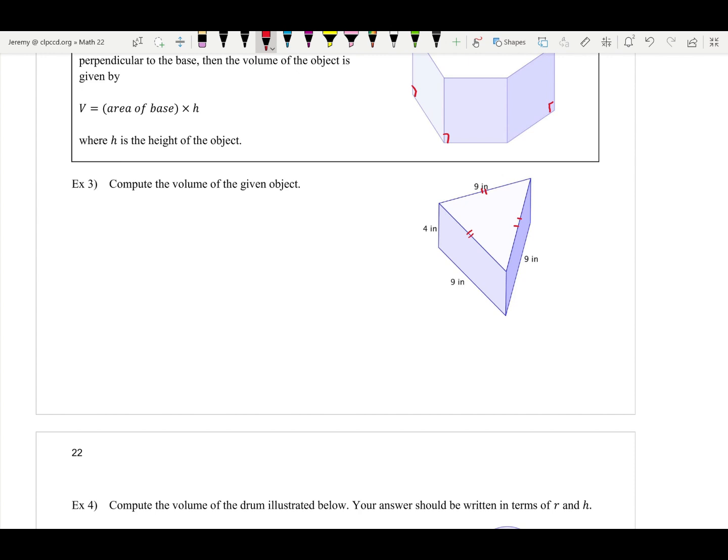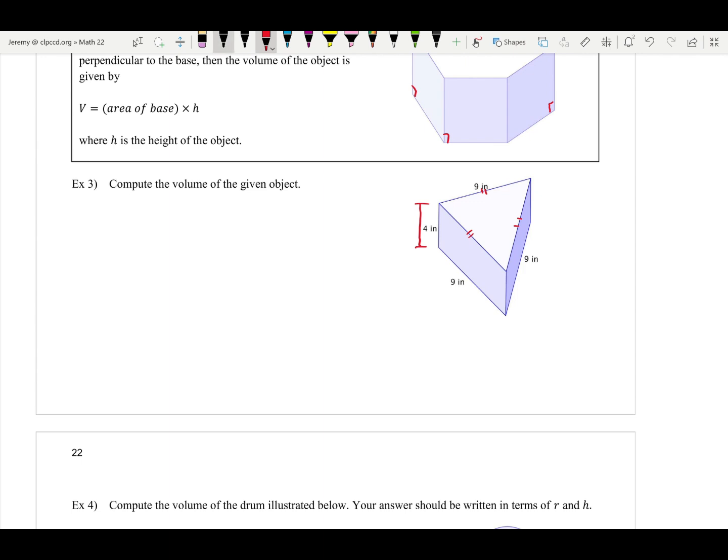This is called an equilateral triangle. Remember, isosceles is when two sides are congruent, like a 45, 45, 90 triangle. This is actually equilateral. And this triangular shape is just being stretched 4 inches. So we're creating this 4-inch tall little triangular thing.